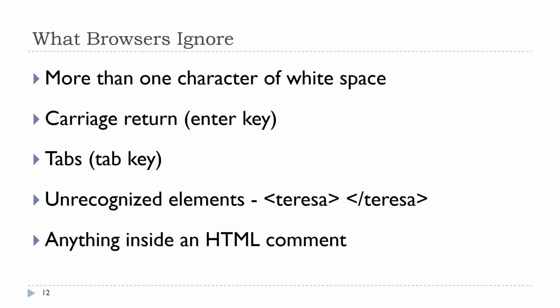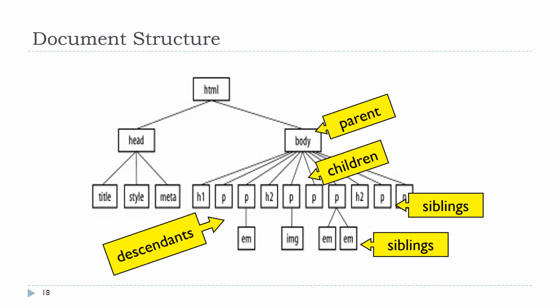When the browser reads your HTML document, it will ignore more than one character of white space. It ignores carriage returns, tabs, and elements it doesn't recognize that are not part of the language. It will also ignore anything inside an HTML comment. In the HTML document, we have a parent-child sibling relationship based on how the elements are structured inside the body.